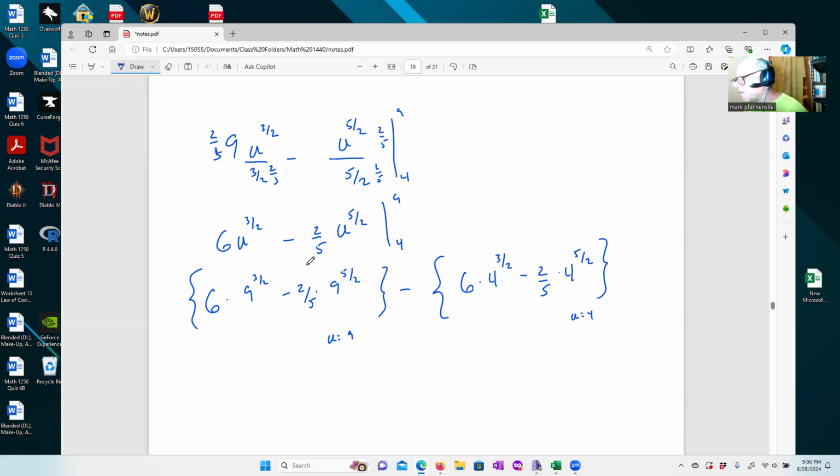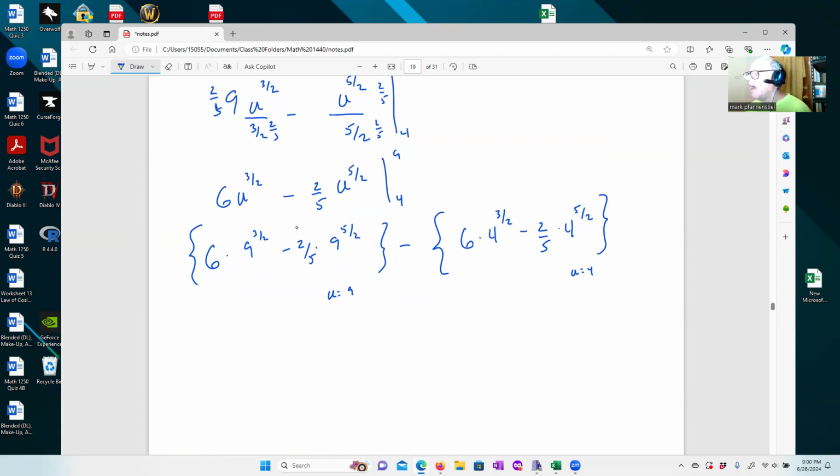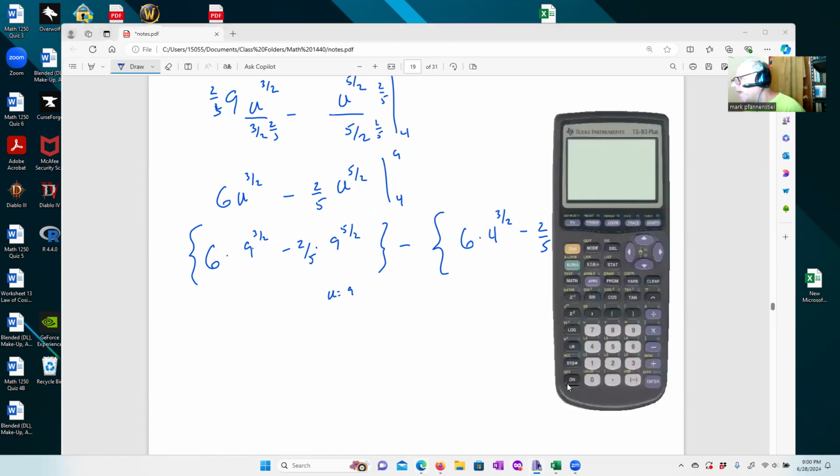So we have a little bit of arithmetic to deal with here. Let's do this in little pieces so we don't have to worry too much. We have 9 raised to the 3 halves, so 3 divided by 2, or 1.5, that'll still work. The square root of 9 is 3, and 3 cubed is 27. Oh, look at that.